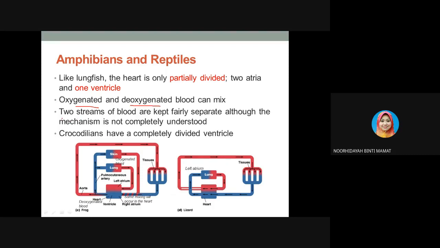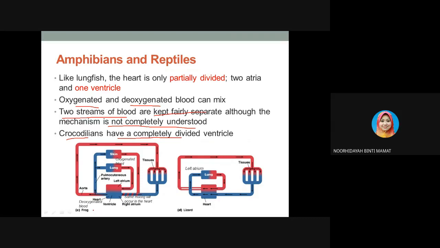They have two streams of blood that are kept fairly separate, although the mechanism is not completely understood. The group of crocodilians, for example crocodiles, alligators, or caimans, have a completely divided ventricle.